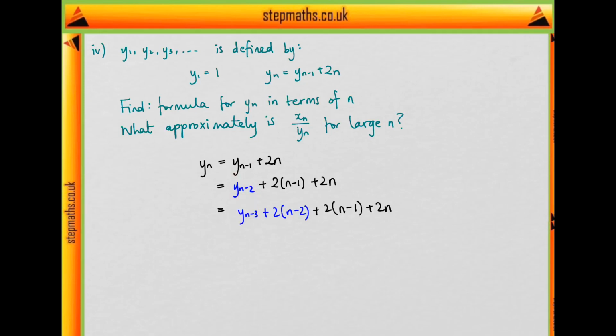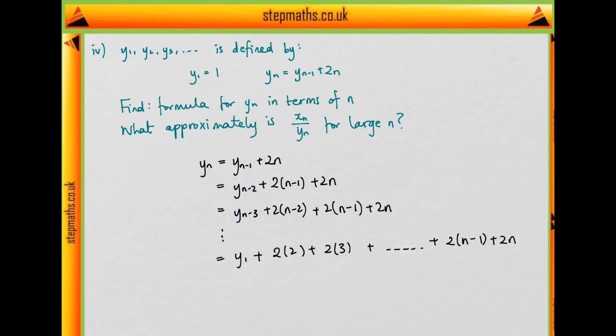We see yn minus 2 is equal to yn minus 3 plus 2 times (n minus 2). And so if I just follow this pattern, we'll eventually get down to y1, and we'll have 2 times 2 plus 2 times 3 plus all the way up to 2 times (n minus 1) plus 2n added on to the end.